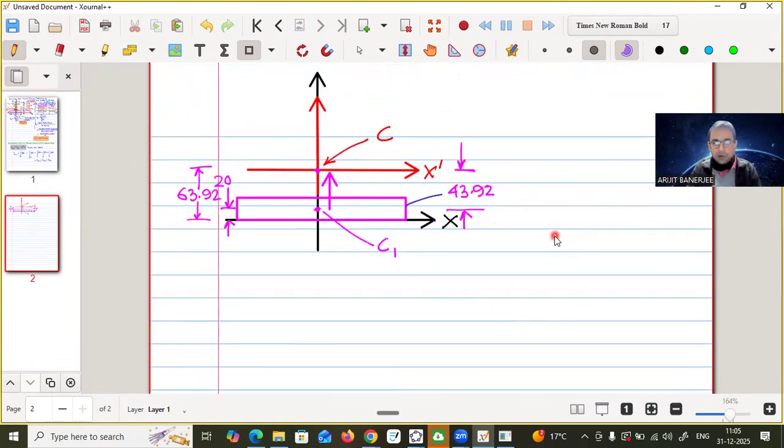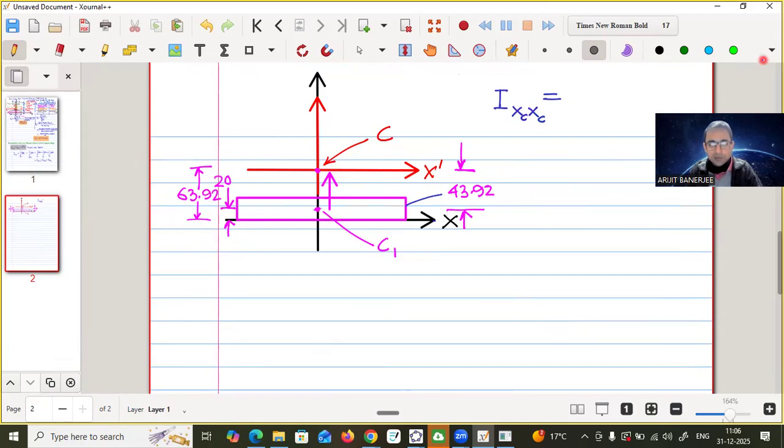Can you tell what I should write? I x about this axis, say I x c.